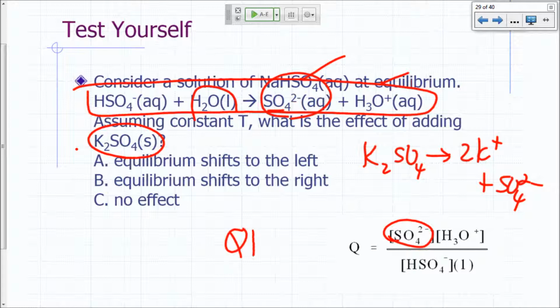So what would happen if I have more of this? Q gets bigger. So momentarily, as a result of the stress, Q has gotten bigger than K. Which way will the equilibrium shift? Which direction will the reaction take in order to counteract that effect?